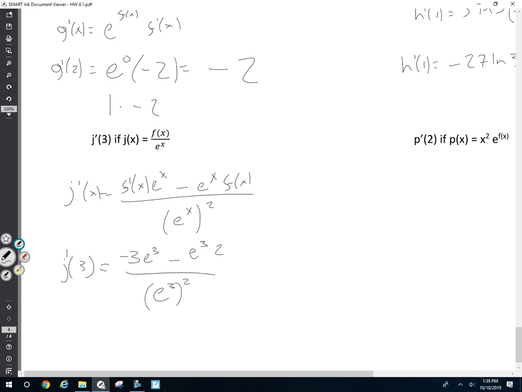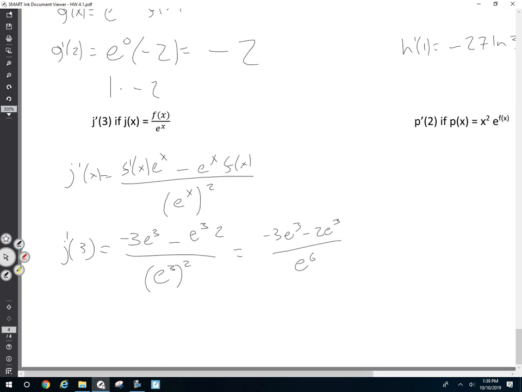What's that? e to the 6th. So I get negative 3e cubed minus 2e cubed over e to the 6th. That is negative 5e cubed over e to the 6th, which is negative 5 over e cubed.